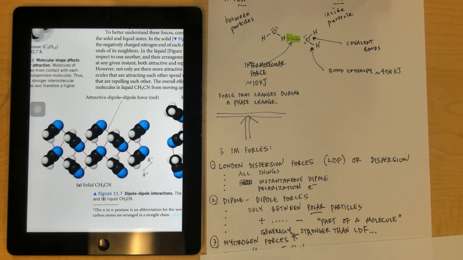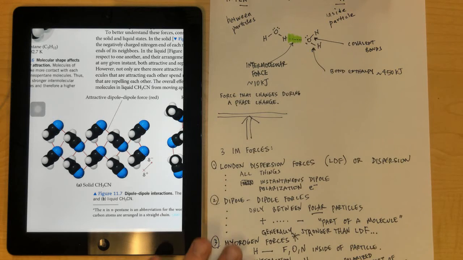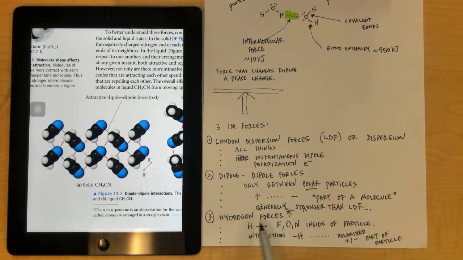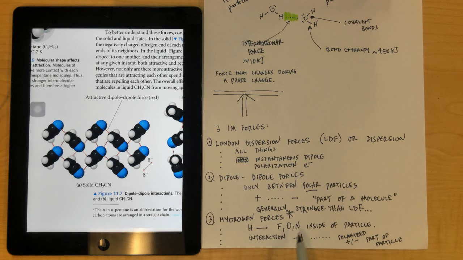And lastly, there's a special type of dipole-dipole force called a hydrogen force, or it's commonly called a hydrogen bond. It's not a bond right here like this. It's a bond that occurs in molecules that have an H connected to an F, O, or N inside of the particle. Notice it has to be an H connected to an F, O, or N, one of those three.